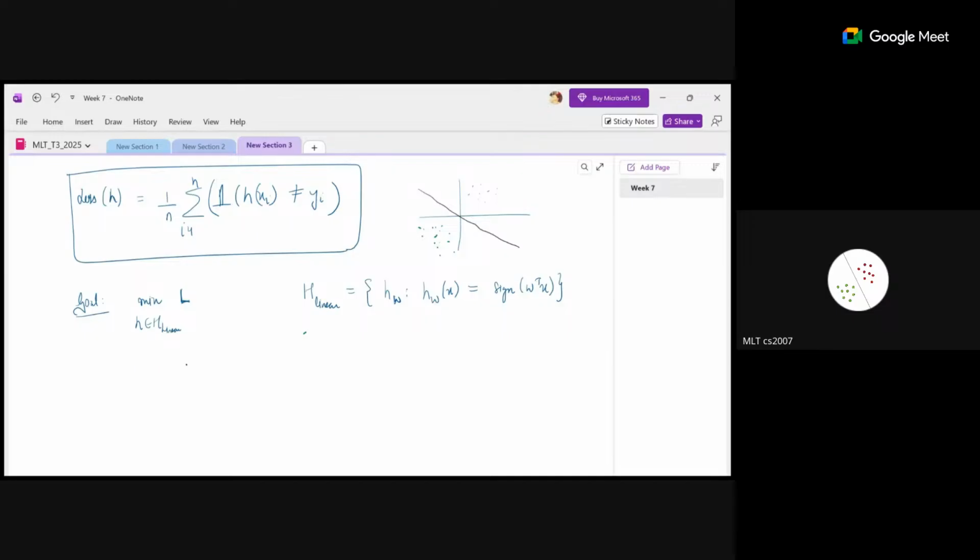So this is my positive class, and this is my negative class. So basically, a classifier also is a function which separates one class from another class. Got it, okay, ma'am.